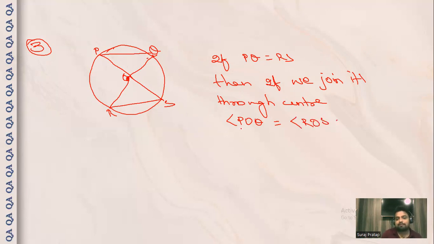Why will POQ equal ROS? Just see, PQ equals RS, and OR, OS, OQ and OP are all radii, so they are equal. So by SSS property, both triangles are congruent, right? And that's why these two chords subtend equal angles at the center of the circle, right?